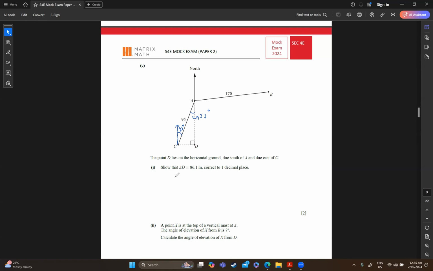So you can write down angle CAD equals 25 degrees. In this case, there's labeling, so you can write down that AD is parallel to the north. You can be a bit more specific, like north at C.